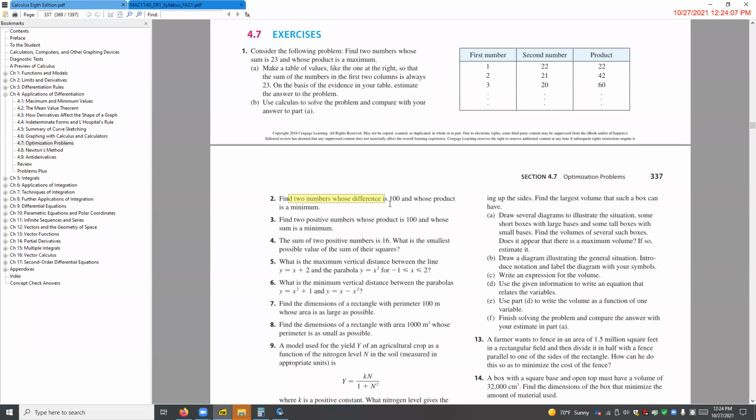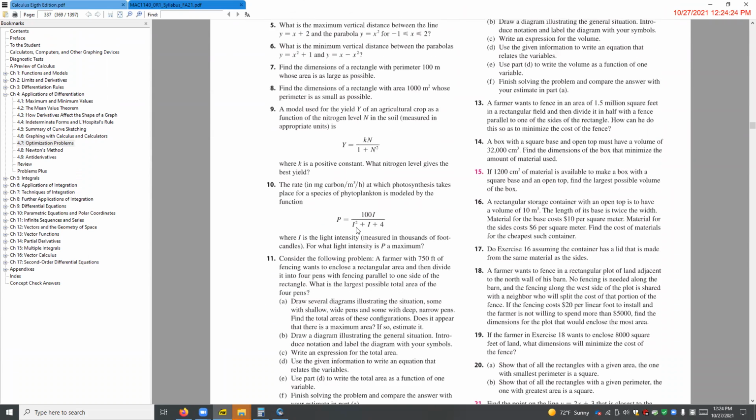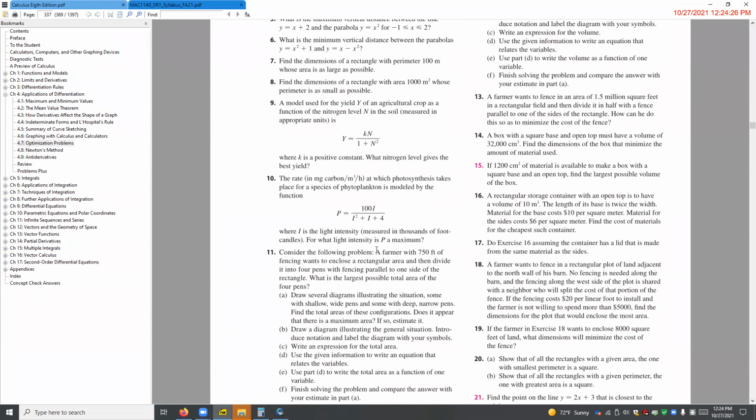So find two numbers whose difference is 100 and whose product is as small as possible. Or two positive numbers whose sum is 16. What's the smallest possible value of their squares? Those are, I think, fascinating problems that are not obviously optimization problems. But then all of the obvious applied stuff, like a farmer with some fence wants to enclose some blah, blah, blah, any of that could show up on the test too.